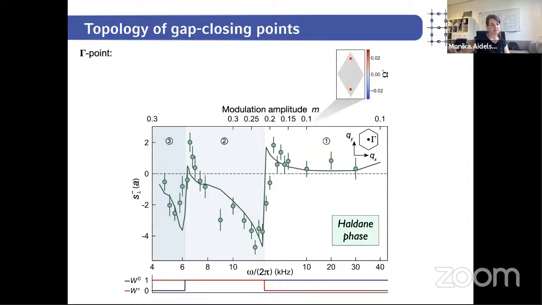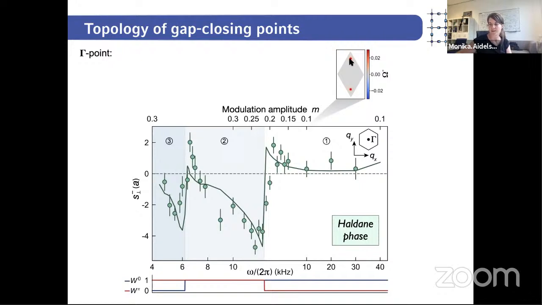Okay, so then the last ingredient that we need is the Berry flux and how it changes as a function of the modulation parameters. Okay, so let's first focus on this little plot up here. That's the Berry curvature distribution of the lowest band in the Haldane phase. So these red points are positive Berry curvature concentrated at the Dirac points at K and K prime.